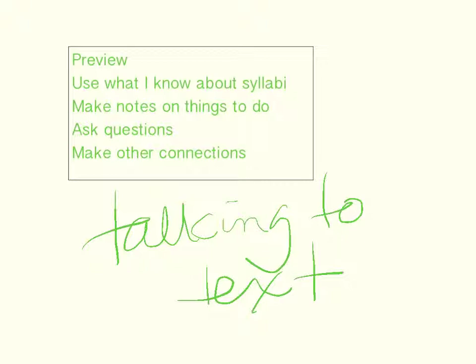And finally, I'm going to make some connections between content or information in the syllabus and what I know, what I'm thinking about, what I've done before, what I want to know. So we'll see what happens as I talk to the text.